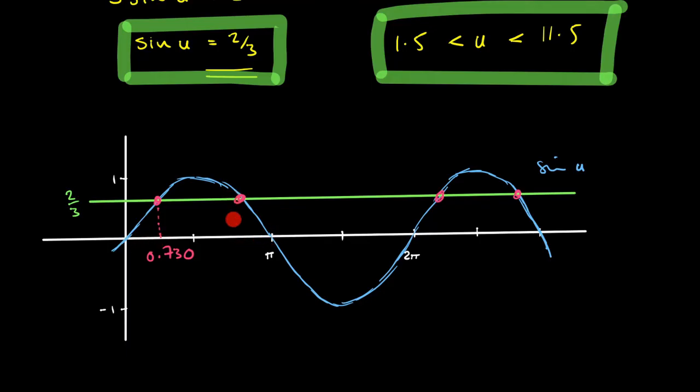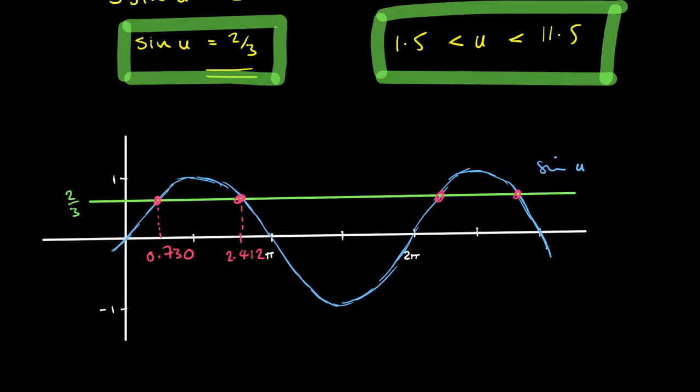So in other words, I can find this second point by doing pi minus 0.730, which is exactly what I'm going to do. So I do pi minus the answer, and I get 2.411, taking it to 3 dp. So I end up with these two basic solutions.